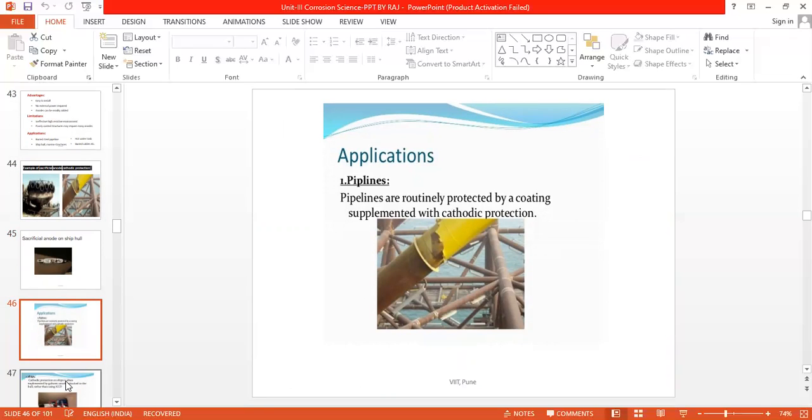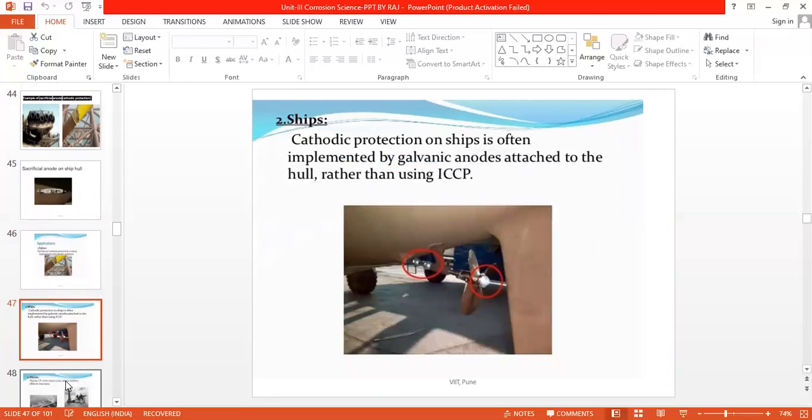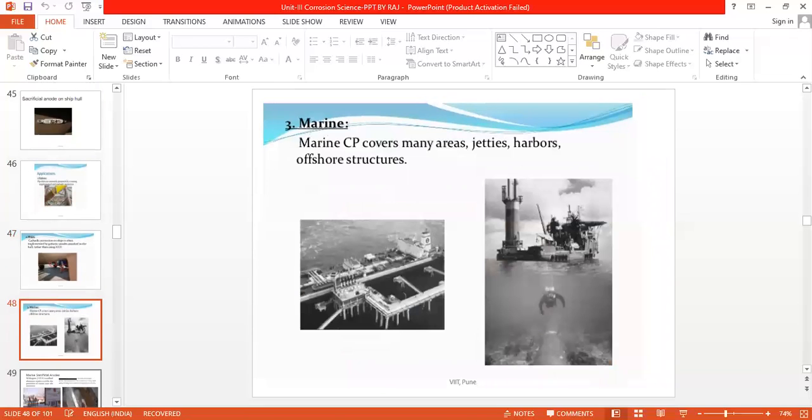Here, the pipelines are routinely protected by coating supplemented with cathodic protection. In case of ships, cathodic protection is often implemented by galvanic anodes attached to the hull rather than ICCP. Marine structures, in which cathodic protection covers many areas: jetties, harbors, offshore structures.